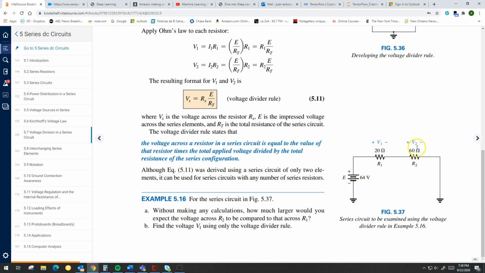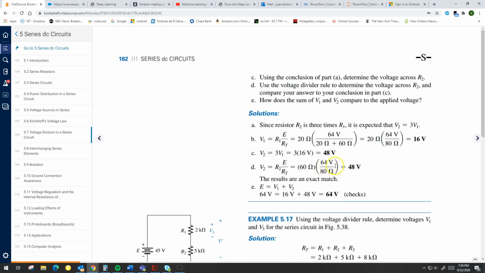Okay? This voltage is 20 over the sum, 20 over 80 times the voltage that splits. Well, what is V2? V2 will then be, if we apply the same rule, 60 divided by the sum, which is 80, times 64. So again it's 60 divided by 80 times 64, which gives you 48 volts.